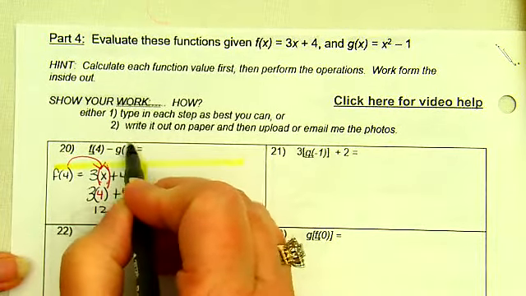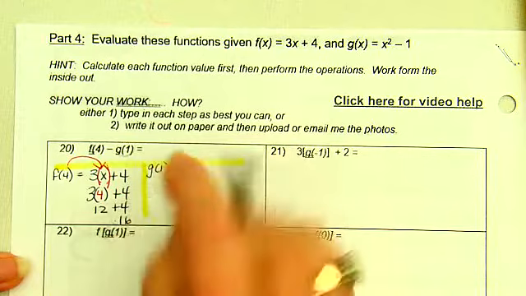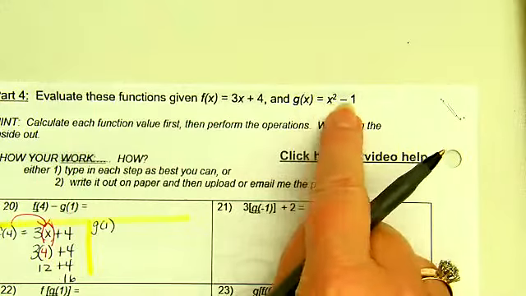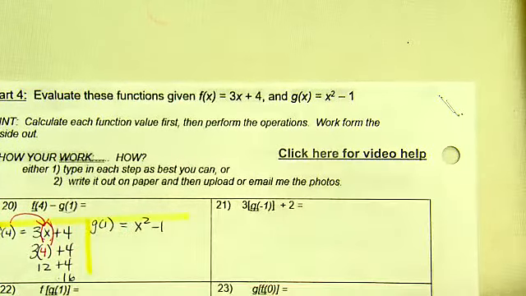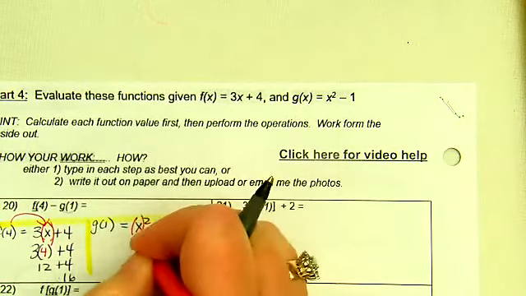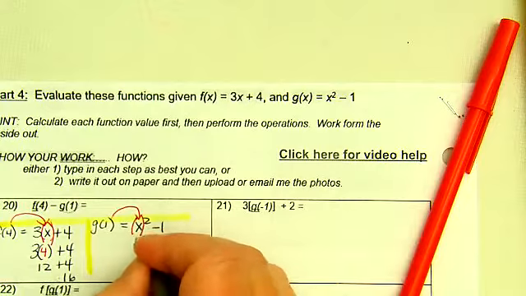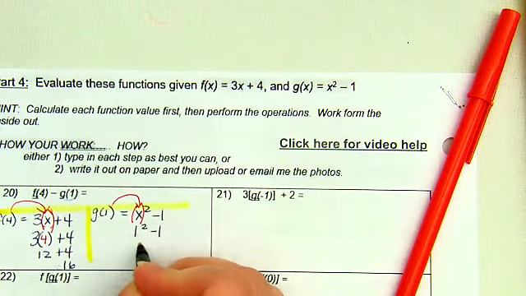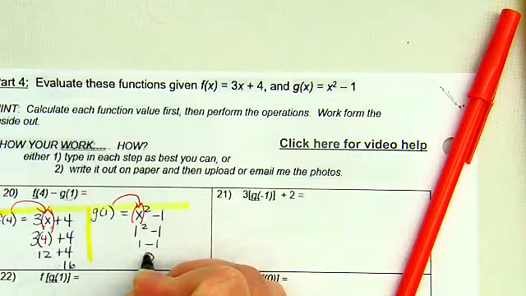Now I'm just going to work the second part, the g of 1. So let me just work that. I'm going to go to g. It says x squared minus 1. I'm going to mark the x and put the 1 in. Now 1 squared is 1 times 1, 1 times 1 is 1, then minus 1 is 0.